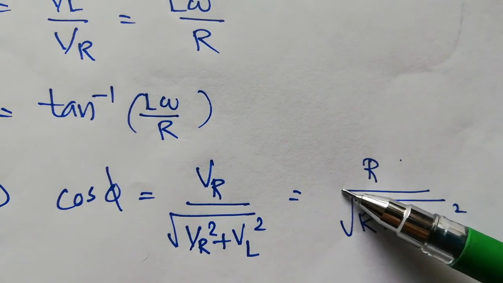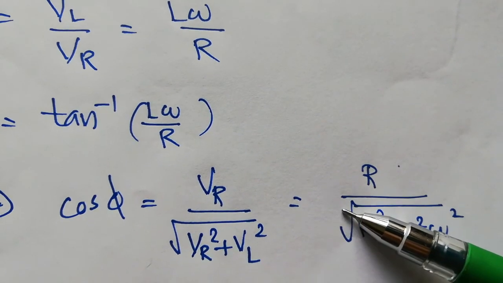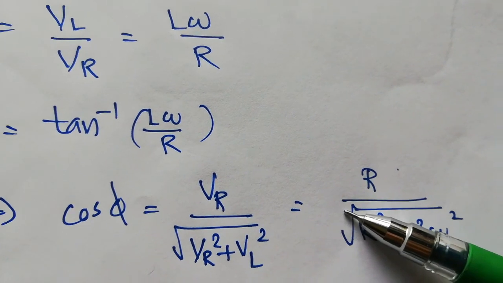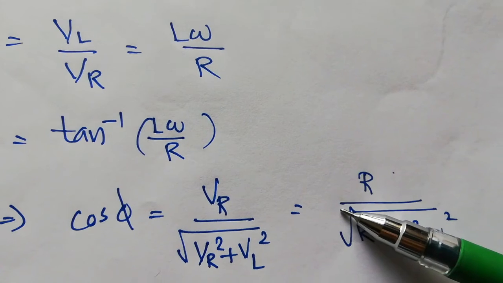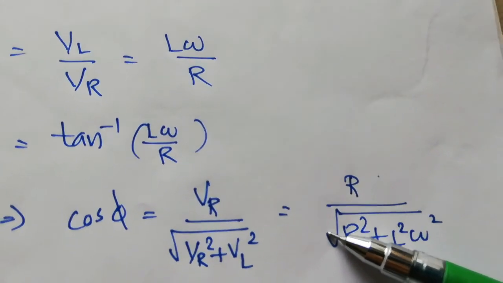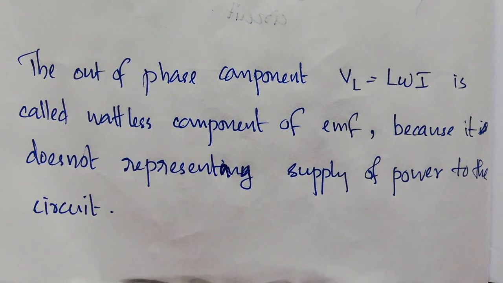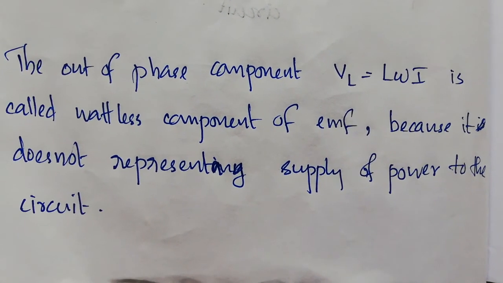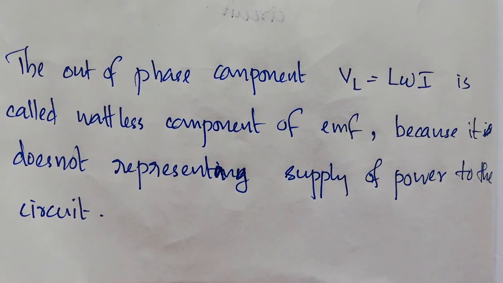So we have studied today the applied EMF and current relation, and also the impedance and admittance, and also the power factor in an LR series circuit, and we have derived all this using the vector diagram also. The out of phase component VL, equal to L omega I, is called the wattless component of EMF because it does not represent any supply of power to the circuit.